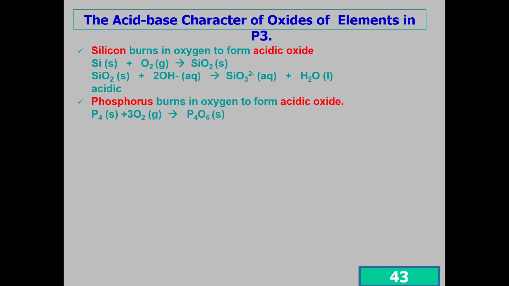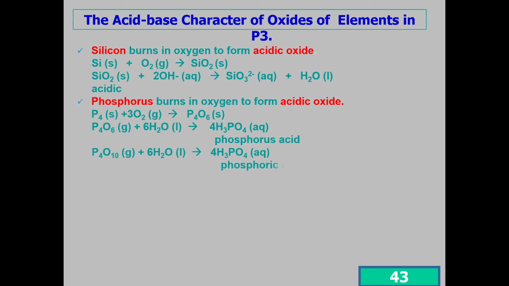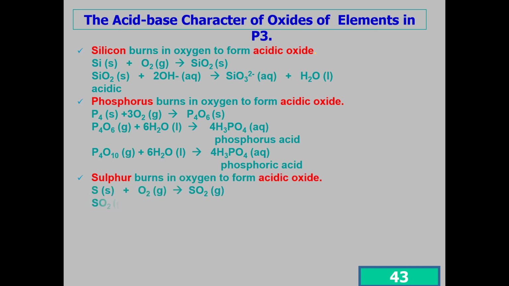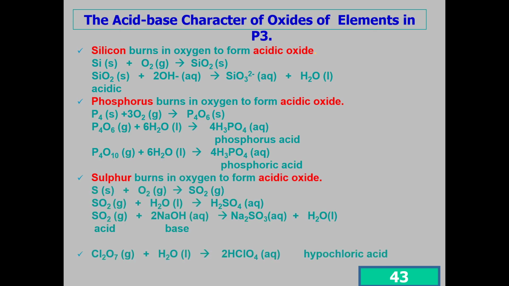So this is the non-metal, kan? Non-metal, kita dapat the acidic, and bila acidic, kita mestilah react dengan base untuk dapat dia punya salt and water. Always like that. So phosphorus, dia punya acidic oxide, kalau kita tambah dengan water, kita akan dapat phosphoric acid lah.